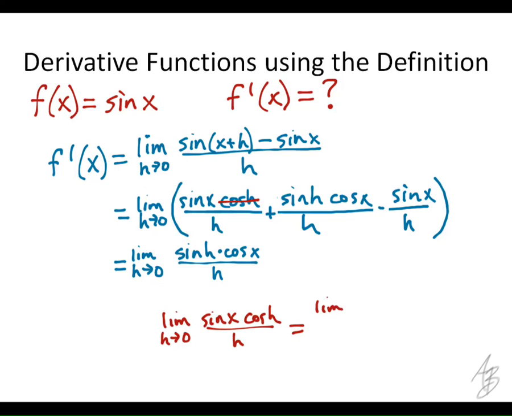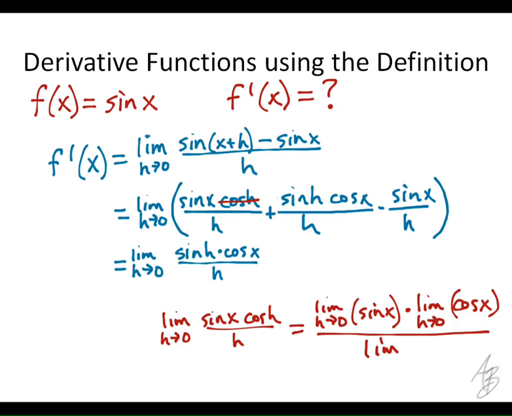So what that means is this is equal to the limit as h approaches 0 of the sine of x times the limit as h approaches 0 of the cosine of h all over the limit as h approaches 0 of h. Do you guys see how I got that?